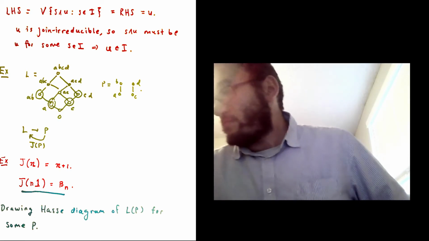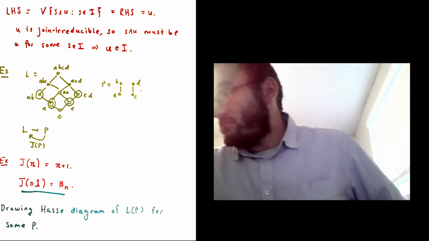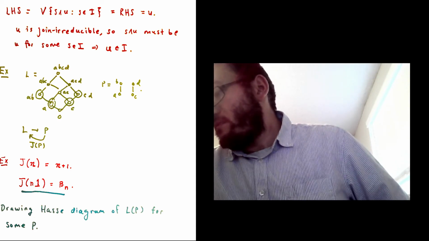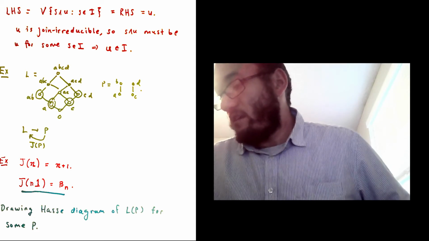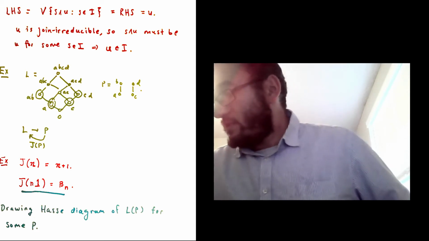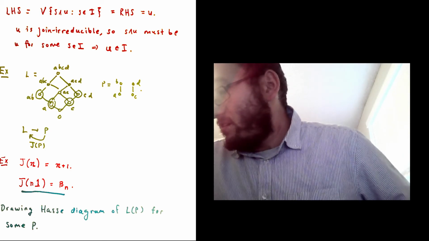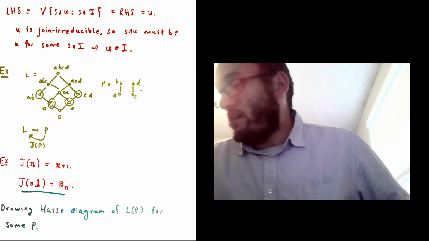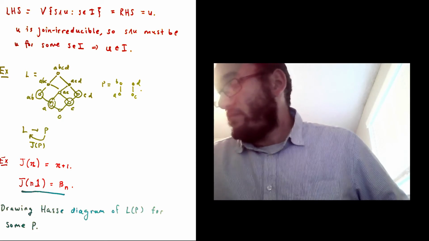And if I wanted to read that back in, it would be as simple as following. So this is the empty order ideal. This is the order ideal containing just A. It's the order ideal containing just C. Order ideal containing AB. The order ideal containing CD.